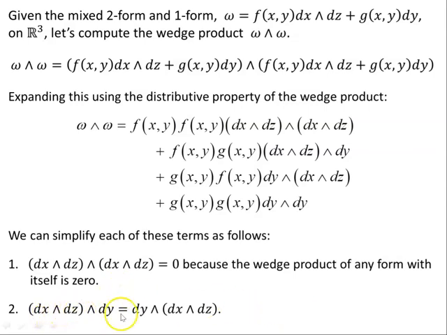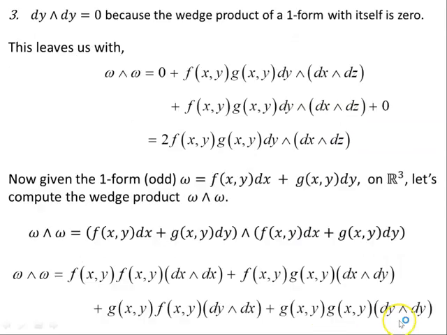Now dx wedge dz wedge dy: by associativity, by moving this around, if I move that one spot, this becomes negative. If I move it again, the negative becomes positive, and I can show that dx wedge dz wedge dy is the same as dy wedge dx wedge dz. That's interesting, and we'll use that in a moment. And dy wedge dy is 0, because the wedge product of a one form with itself is 0.